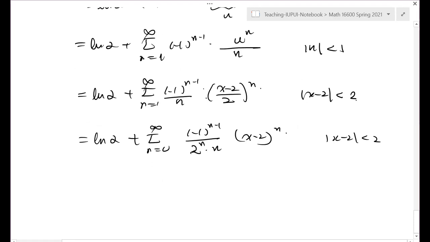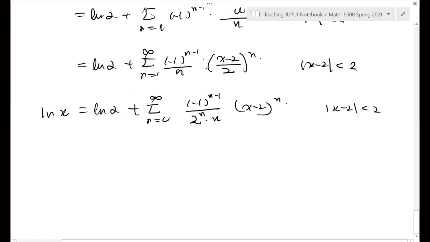So this is going to be the natural log of x. But if I do not tell you where it's from, I just give you this power series, can you recognize what that series is? I think it's pretty hard to figure it out. Sometimes yes, sometimes no. But you have to use the derivatives to find it.